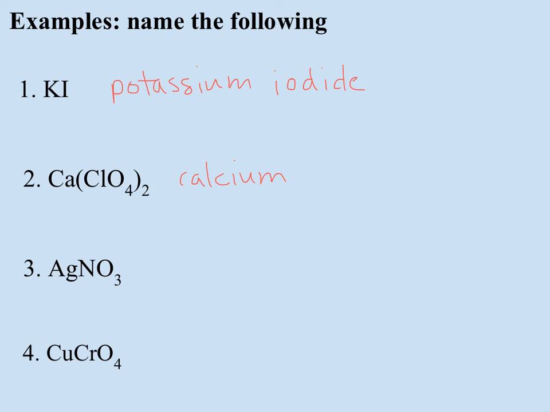And then ClO4 is some kind of polyatomic ion, and when I look it up, I see it's perchlorate. So I just keep the name exactly as it appears on my chart. And again, calcium is not a transition metal. Silver is a transition metal, but since it's always a +1 oxidation number, I don't need to include the Roman numeral. And then nitrate is the polyatomic ion.